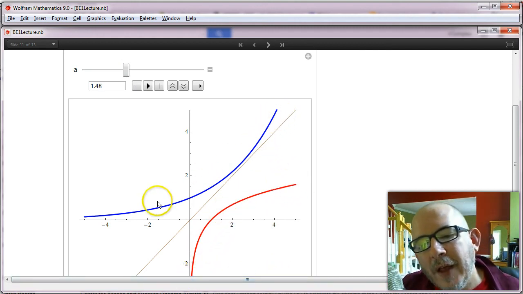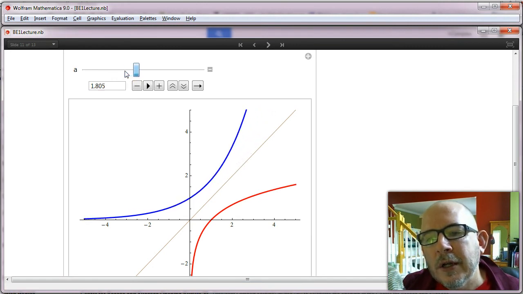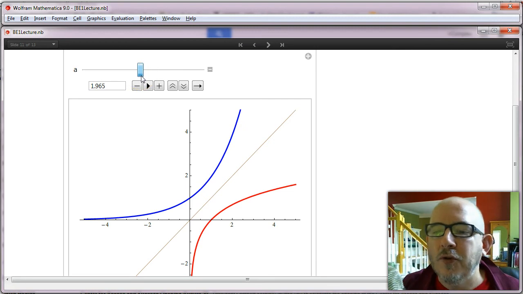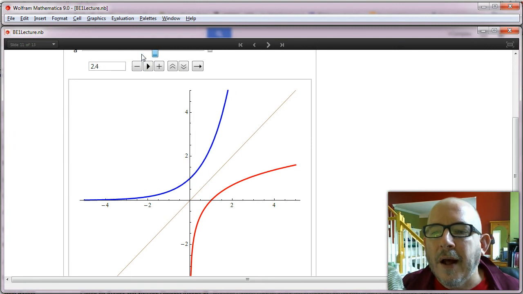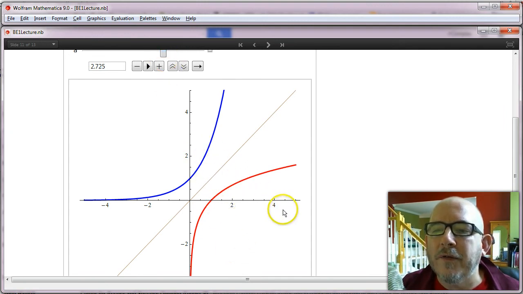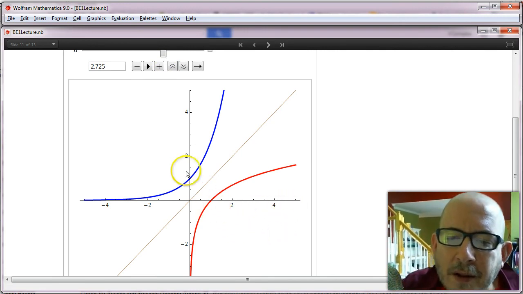As I increase the base, this looks more and more like the reflection. Now maybe it's 2. That looks off. I've got the aspect ratio set pretty good, so we ought to be able to tell, and that isn't right. Now 3 is probably too much. But look around here. That starts looking exactly like a reflection. And of course I know the answer, so I know I'm getting around the reflection there.